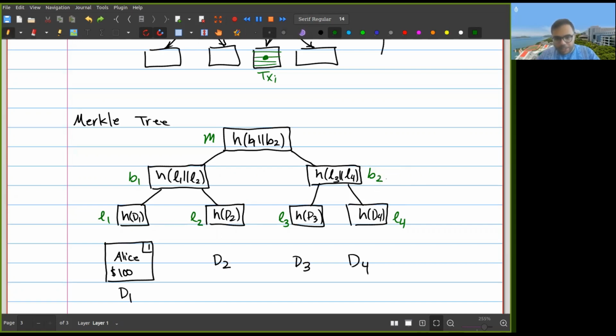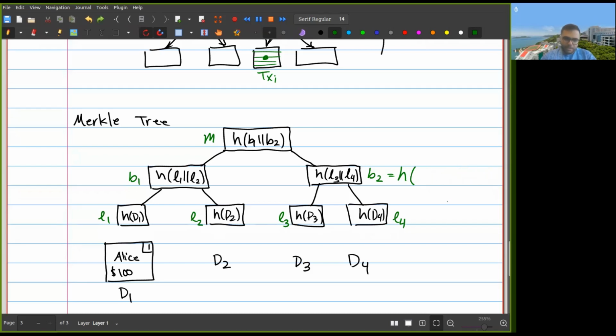So what I'm saving here as B2 is the hash of D3 concatenated with the hash of D4. This is how this works. Every node of my tree is just a hash, created by taking the two children, putting them together and hashing.